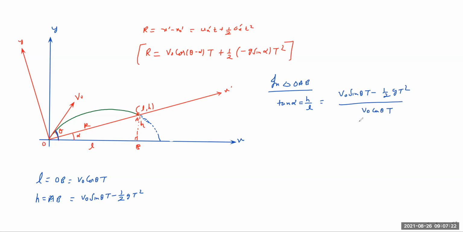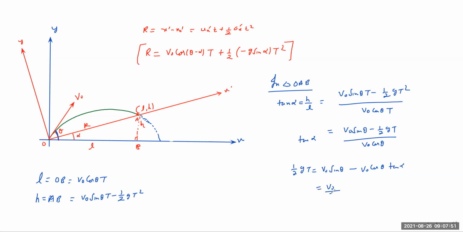And then one t will cancel out. So we can cancel out one t. So we'll get v naught sine theta minus half g t upon v naught cos theta is tan alpha. So now half g t turns out to be v naught sine theta minus v naught cos theta into tan alpha, which is sin alpha by cos alpha.